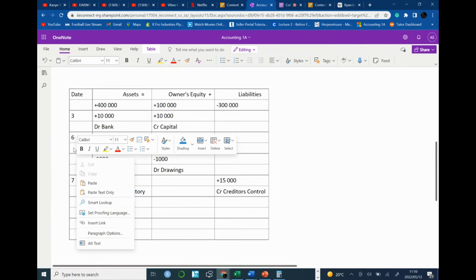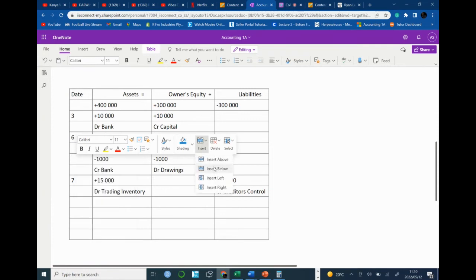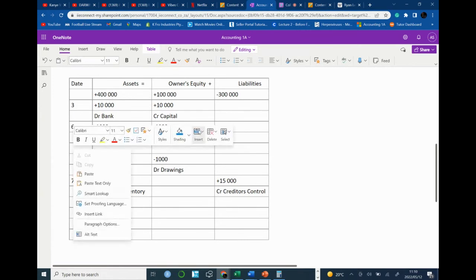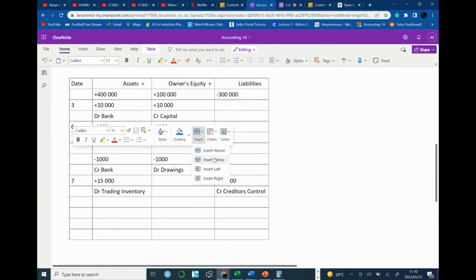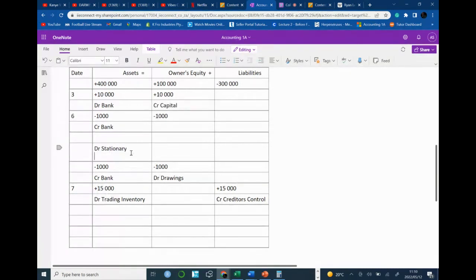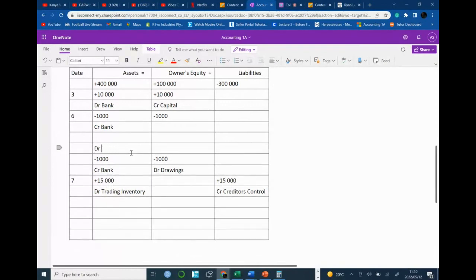Let me insert another row. So we're not going to be debiting stationery, we'll be debiting trading inventory, because this is trading inventory for the business, which we know is an asset.